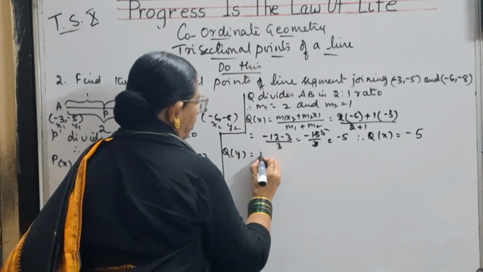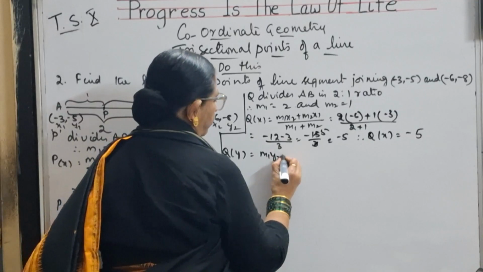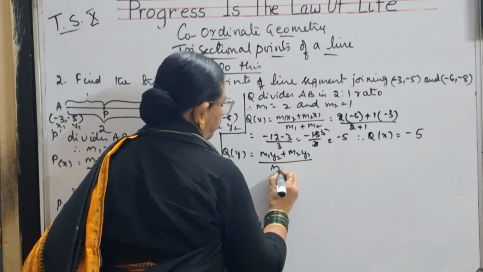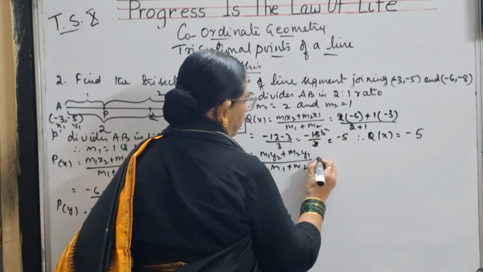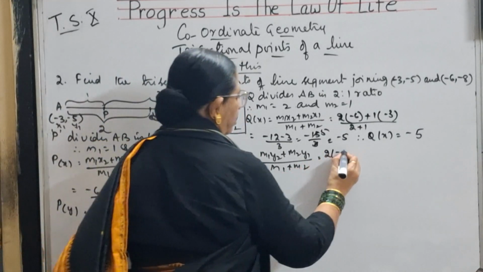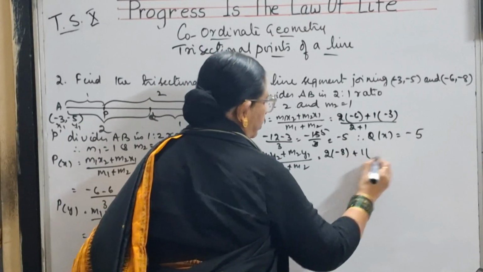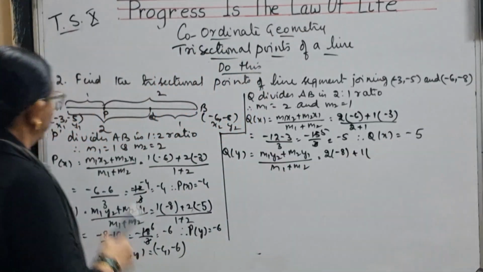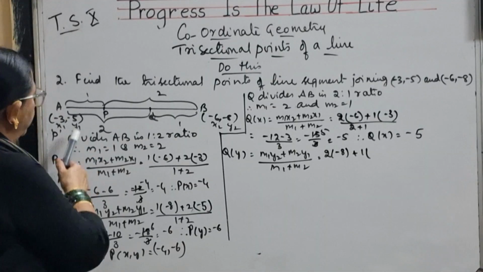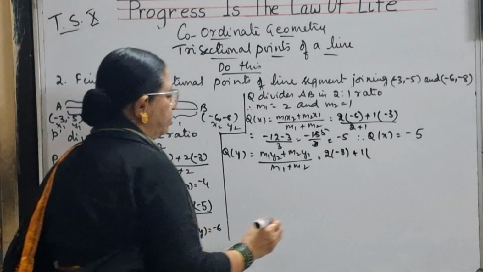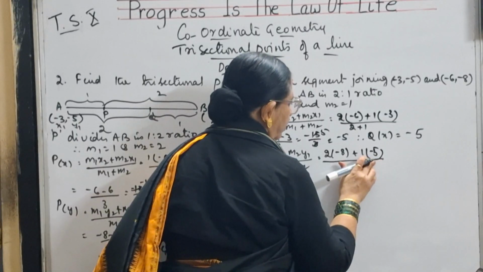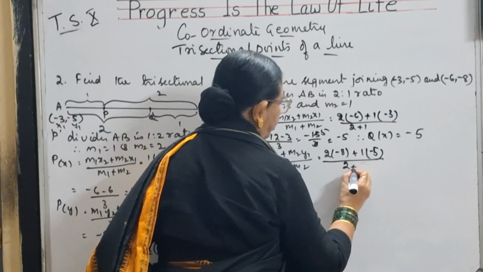Q of y is equal to (m1 y2 + m2 y1) by (m1 + m2). m1 is 2 into y2, y2 is -8, plus m2 is 1 into y1, y1 is -5, by 2 plus 1.